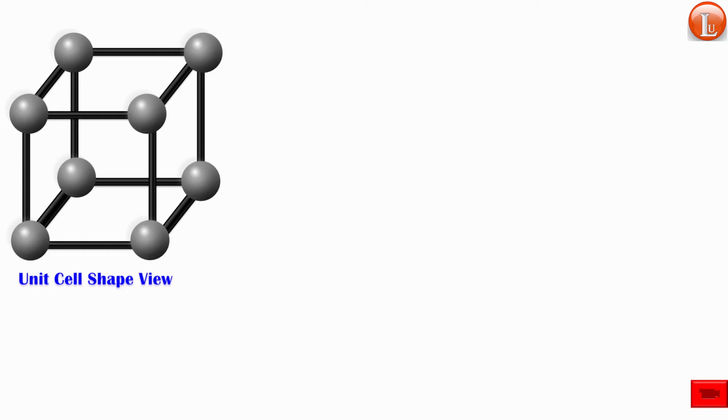All the atoms are of similar type, all positions are equivalent, but I want to show you that all positions are equivalent. I'm going to number these atoms randomly. I'm going to call them 1, 2, 3, 4, 5, 6, 7 and 8. So there are 8 positions in a simple cubic or a primitive cubic unit cell.